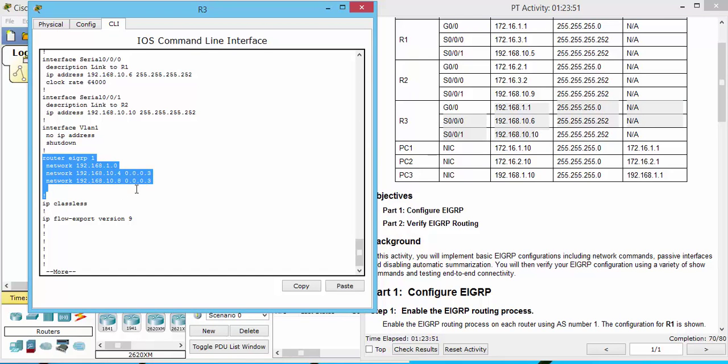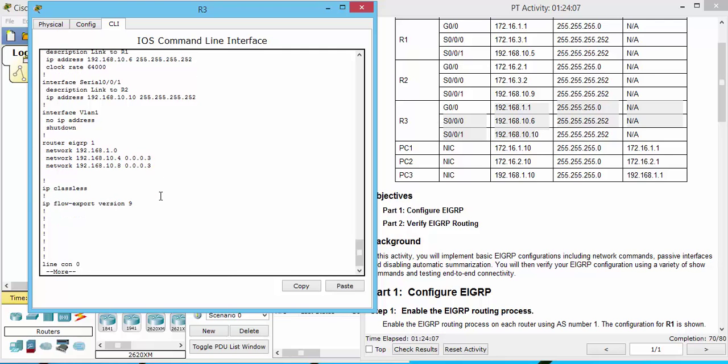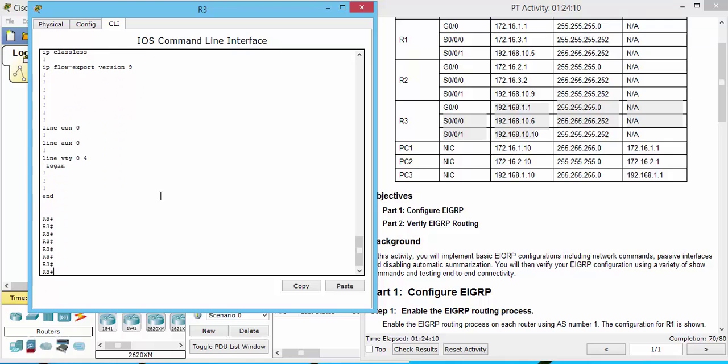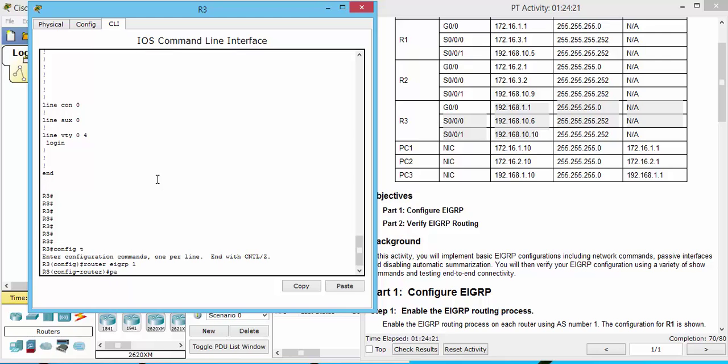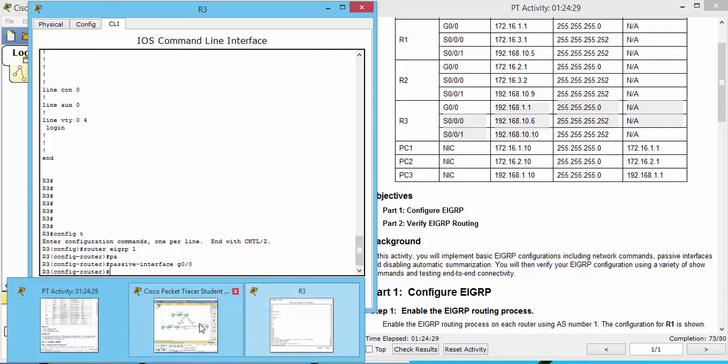But on R3, we didn't configure the passive interface and no auto-summary. So let's go to R3. Config t, router eigrp 1, passive-interface gigabit 0/0. Let me see in the topology.